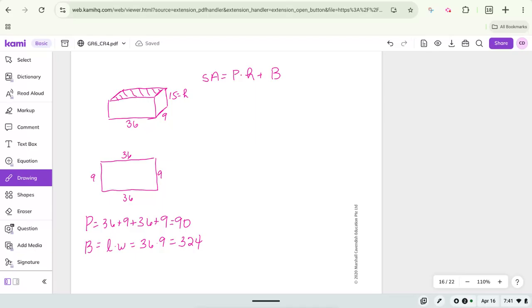So, my surface area is the perimeter, which is 90, times the height, which is 15, plus only one base since it's an open box. Remember to do multiplying before adding, so 90 times 15 is 1,350.